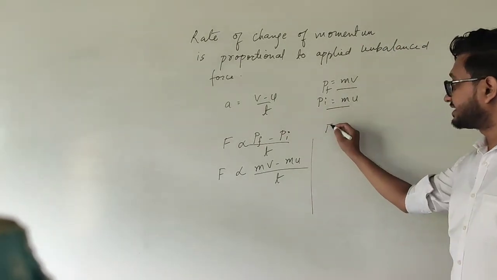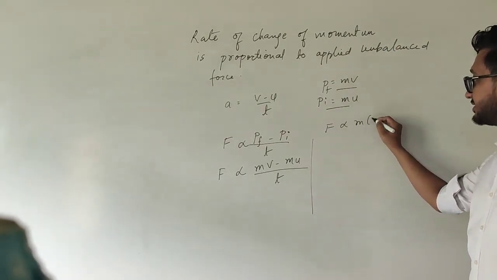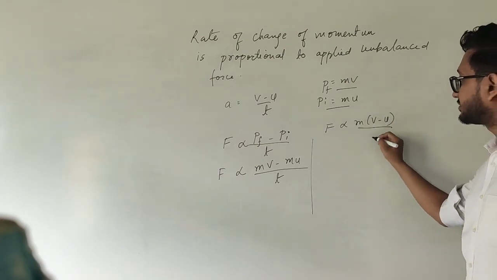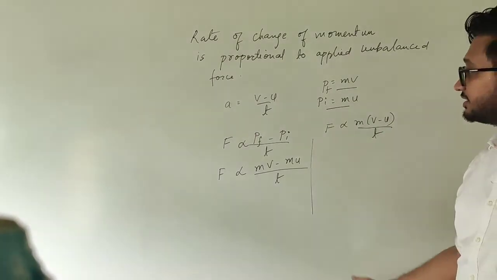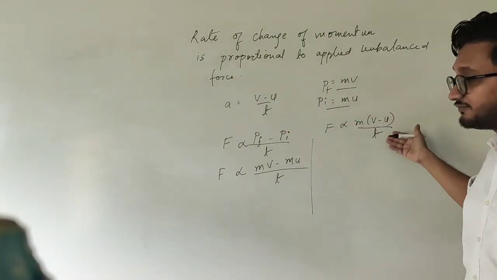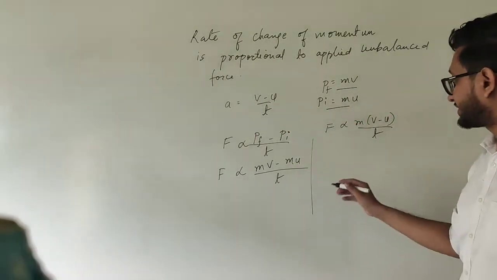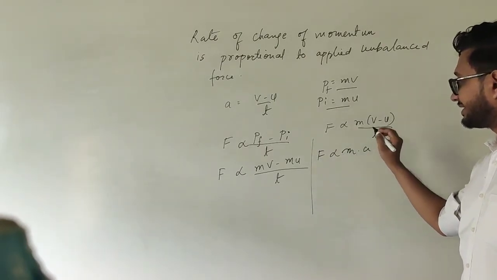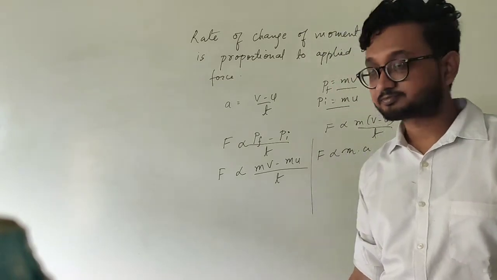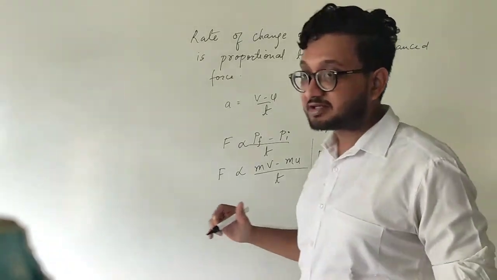So the next step is F proportional to m into v minus u upon t. Now they all are in multiplication and division, okay? And v minus u upon t is, we know, acceleration. So I can write F proportional to mass into acceleration. This is your final relation.